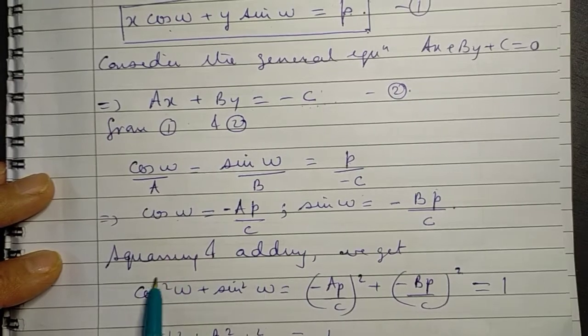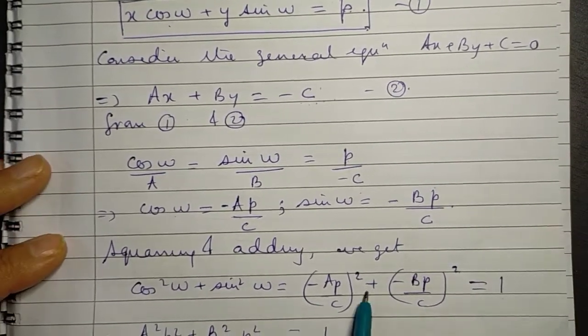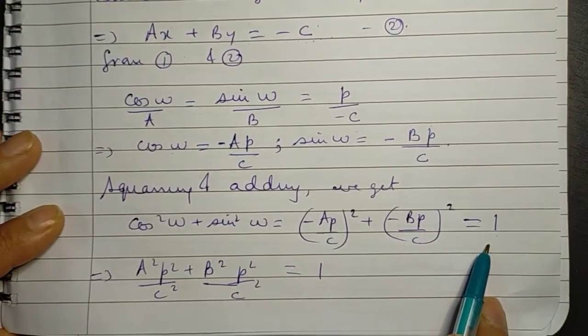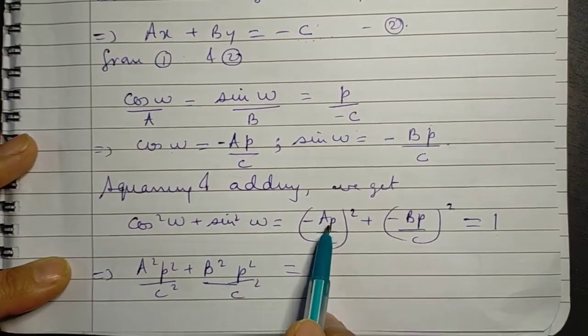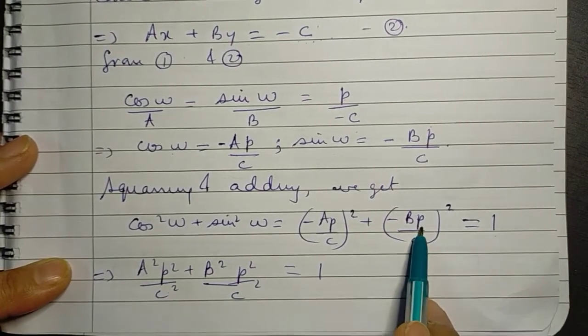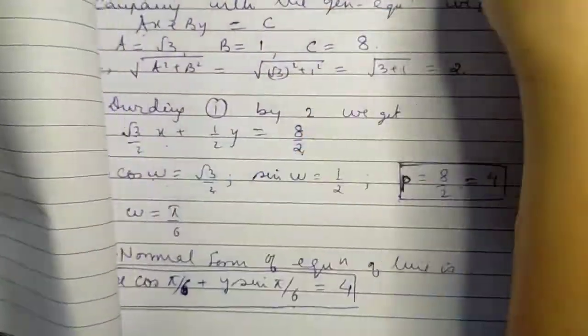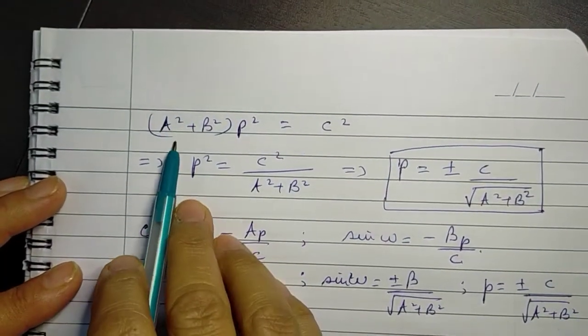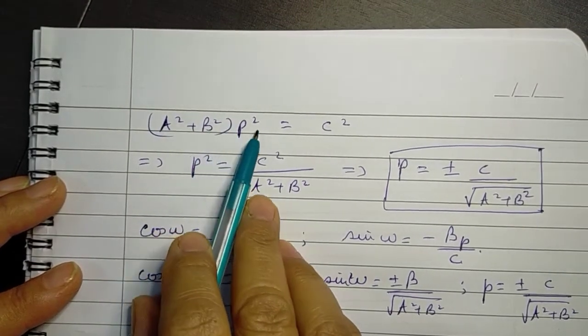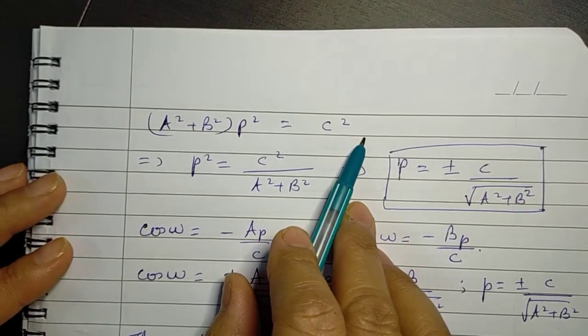But we know that cos squared omega plus sin squared omega is equal to 1. So this becomes equal to 1. Solving, we get a squared p squared over c squared plus b squared p squared over c squared equal to 1. And so we get a squared plus b squared, taking p squared common, is equal to c squared.